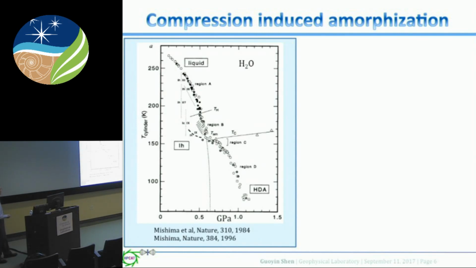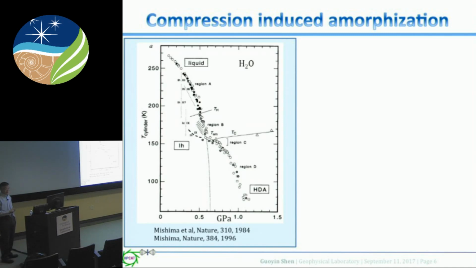As Mishima et al. actually did in the 1980s and 1990s, they compressed this ice Ih at low temperature. And at between half a GPa and 1 GPa, almost the extension of the melting curve, they observed the so-called high-density amorphous phase. The ice Ih amorphized.